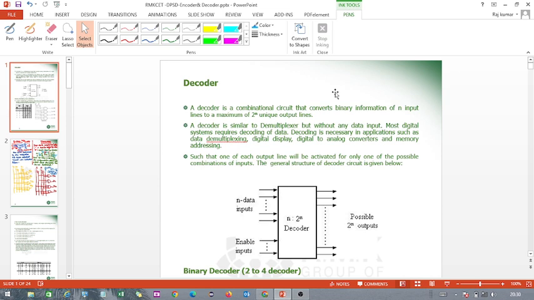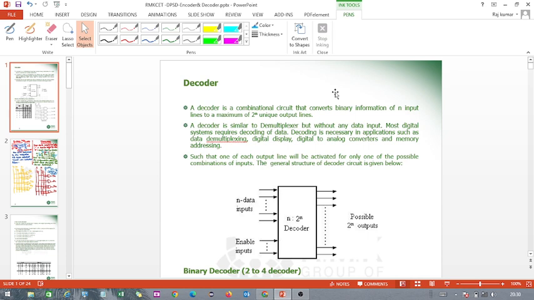Here it is not going to carry any data. It converts the output line information with the help of n input lines. So you define a decoder as a combinational circuit that converts binary information of n input lines to a maximum of 2 to the n output lines.